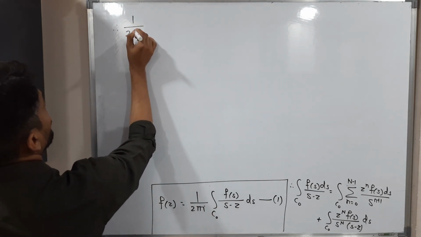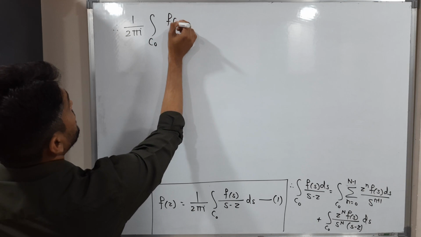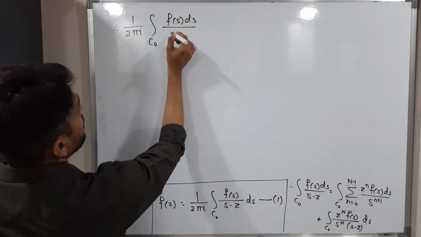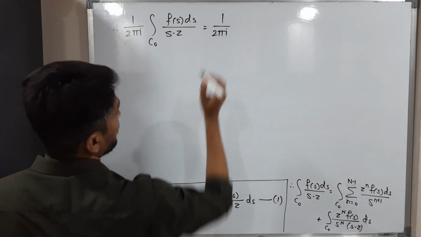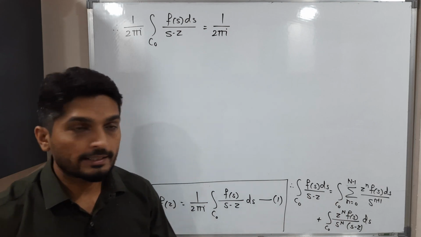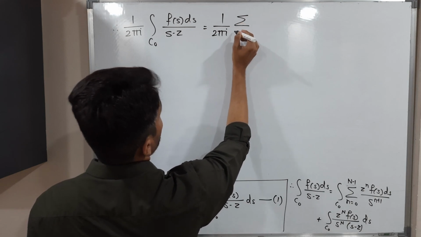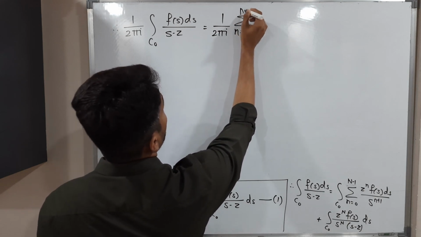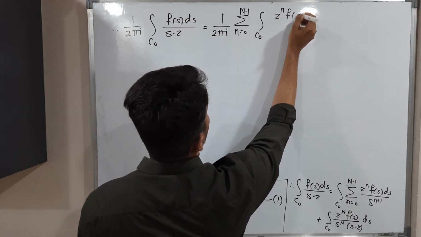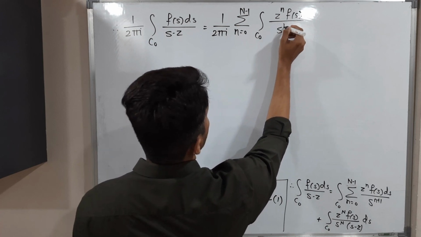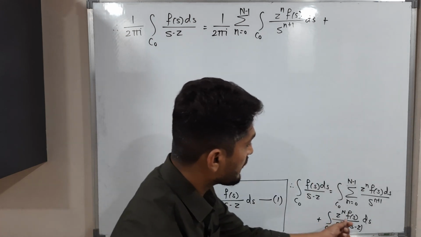Therefore 1 upon 2 pi i integration over C naught of f of s ds upon s minus z is equal to 1 upon 2 pi i, the summation being finite, so we can easily interchange that summation and integration. So let me write that summation outside, n running from 0 to N minus 1, integration over C naught of z raised to n f of s upon s raised to n plus 1 ds, plus, here we have an integration in s.